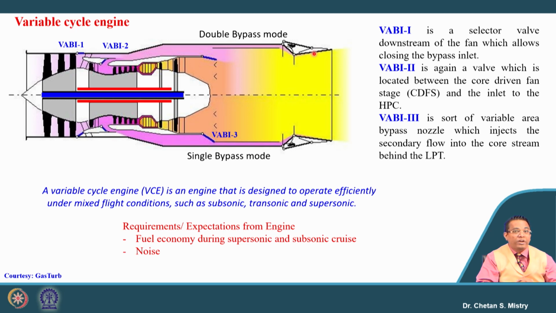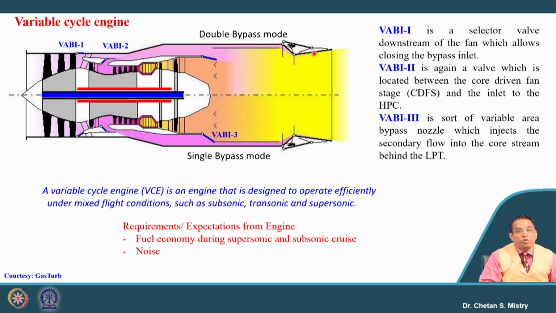Here our major requirement is fuel economy during both supersonic and subsonic cruise, as well as noise. Now the question will come: why are we thinking about fuel economy? Up till now, for military engines, we used to say we were not bothering about fuel economy. But now the time has come.